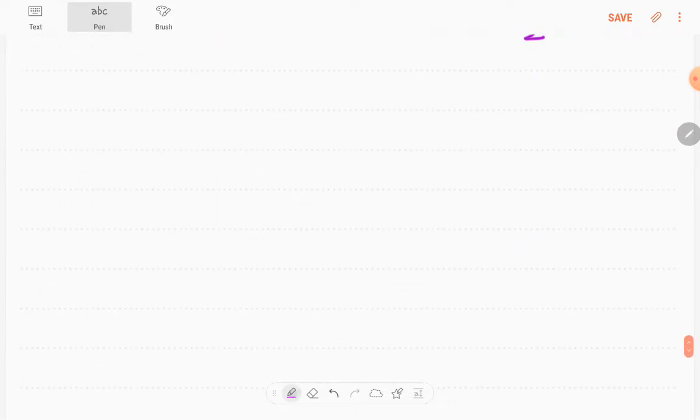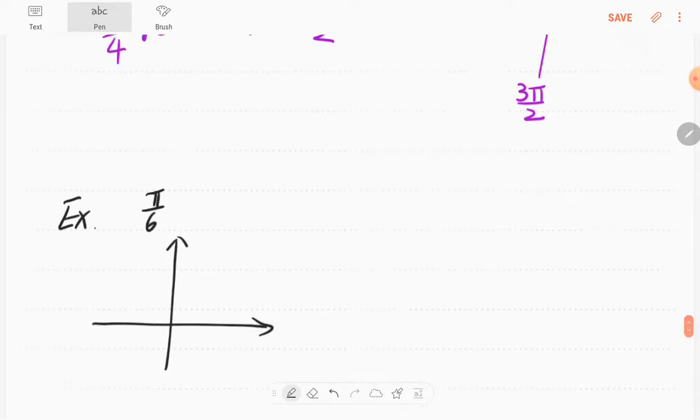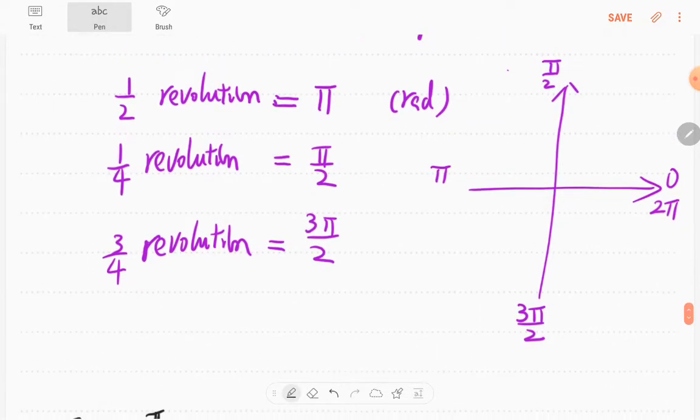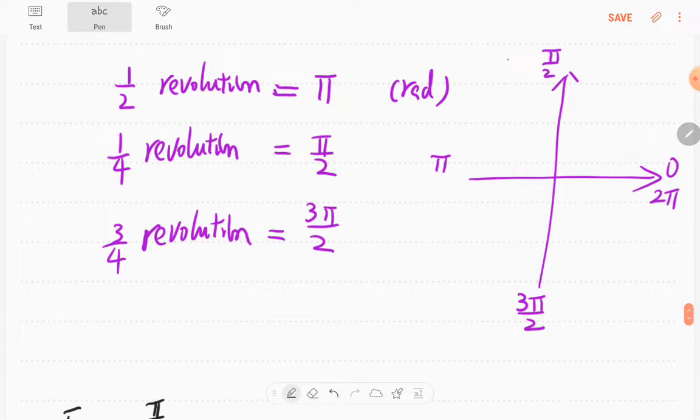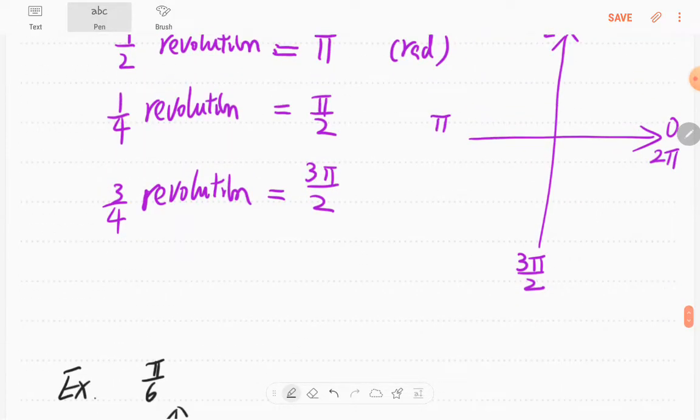So now let's look at some examples. We want to locate where is pi over 6. So we just sketch the graph. We don't need to be precise. Pi over 6: 1/4 is pi over 2, and half of the 1/4 is pi over 4, right?